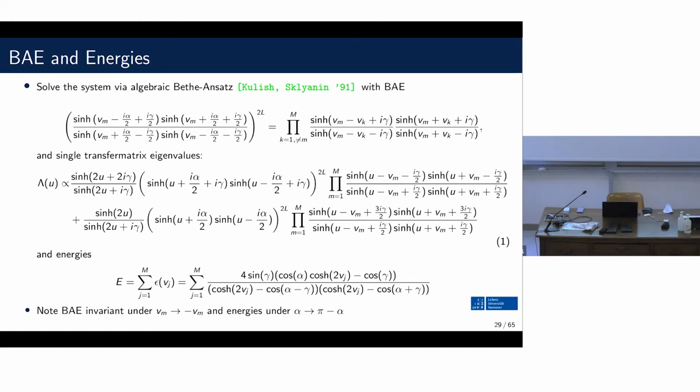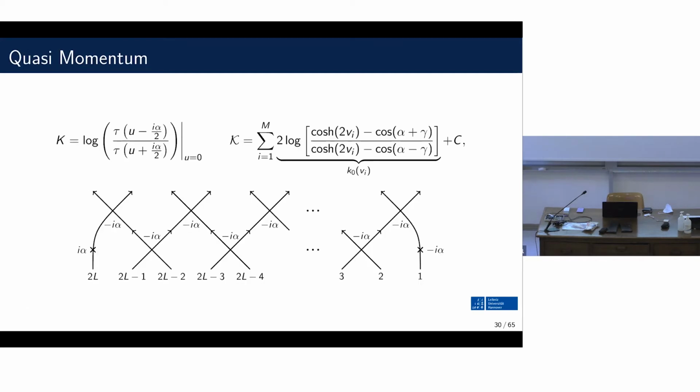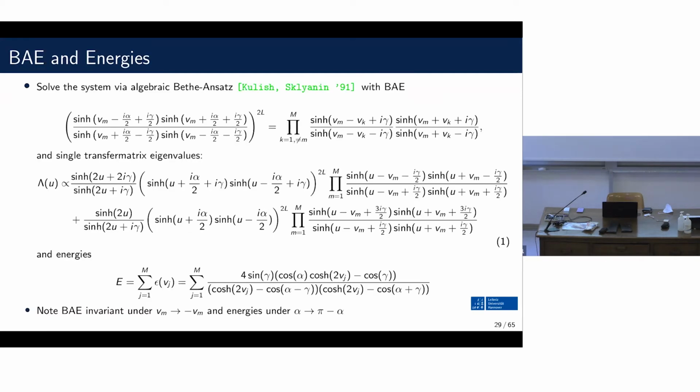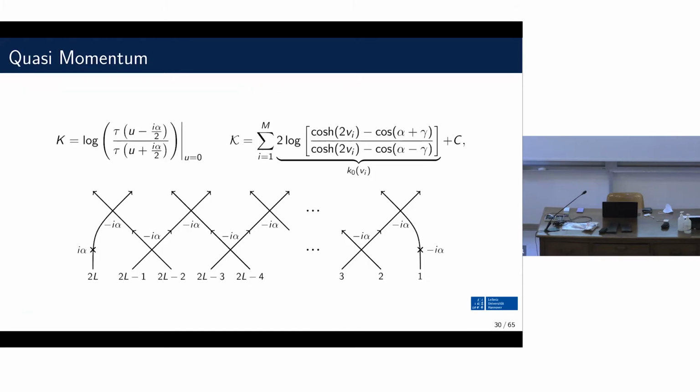Yeah, and now I have to introduce something out of the blue. As Jules had already said, the Hamiltonian is obtained as the first derivative of the product of two transfer matrices. You can also study other quantities which are conserved, for example the quotient of both, and this is then the quasi-momentum operator.